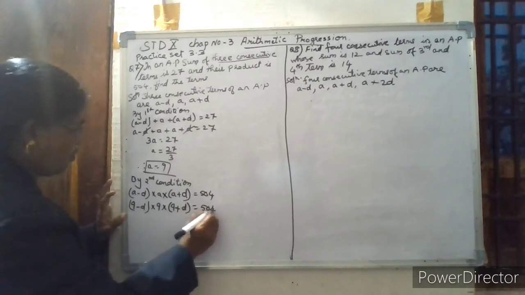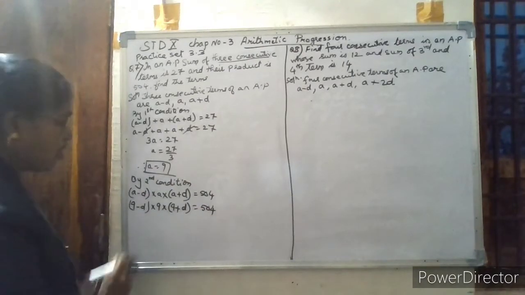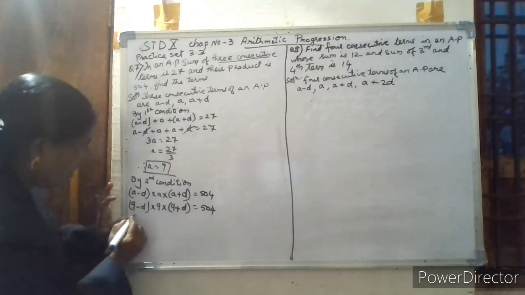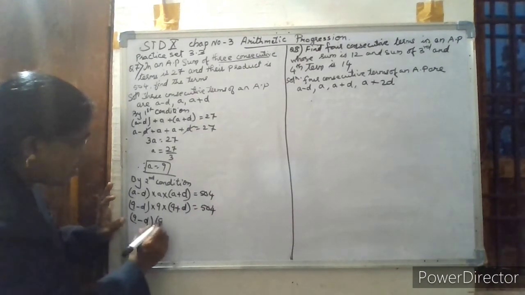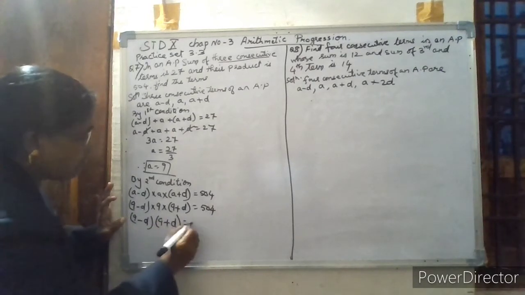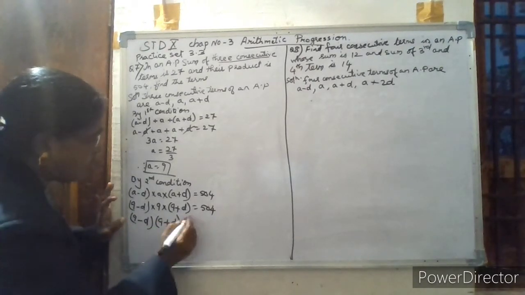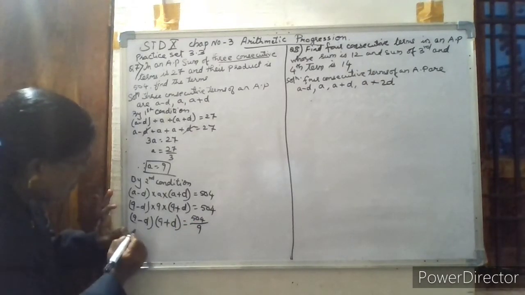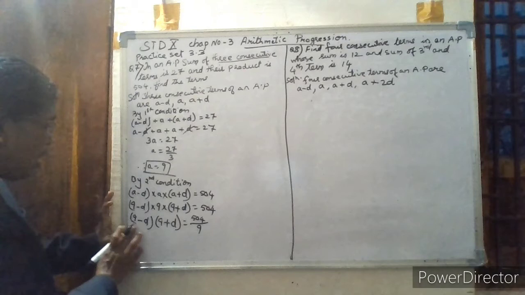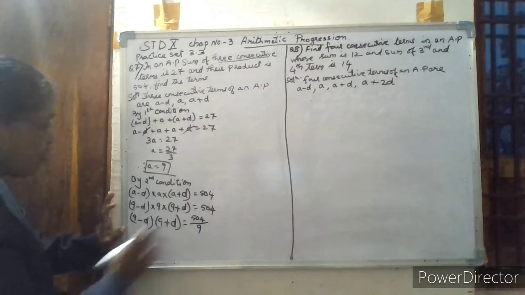Now this 9 I can transfer here. So what we are left with is (9 minus d) into (9 plus d) is equal to 504 by 9. See, (a minus b) into (a plus b) will be equal to a square minus b square. So use that.